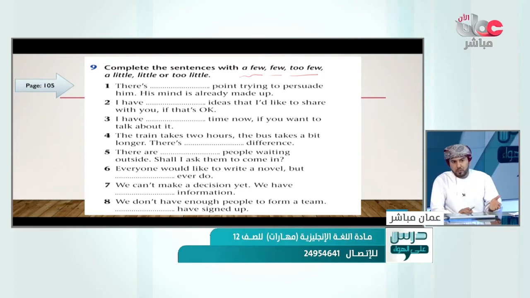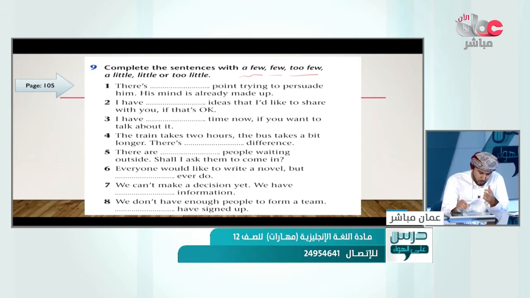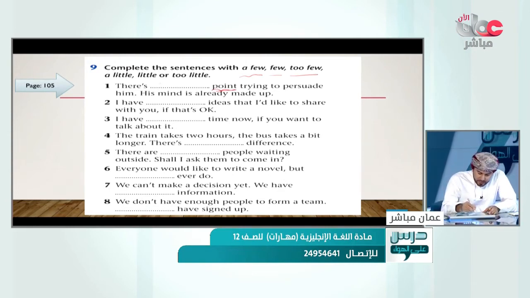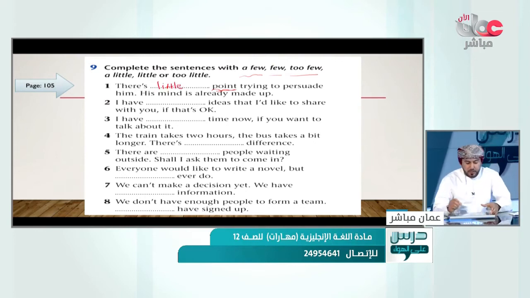It's very difficult to change his decision. If you notice here, the noun point in this sentence is uncountable, which means that the answer is little. There is little point trying to persuade him. His mind is already made up.